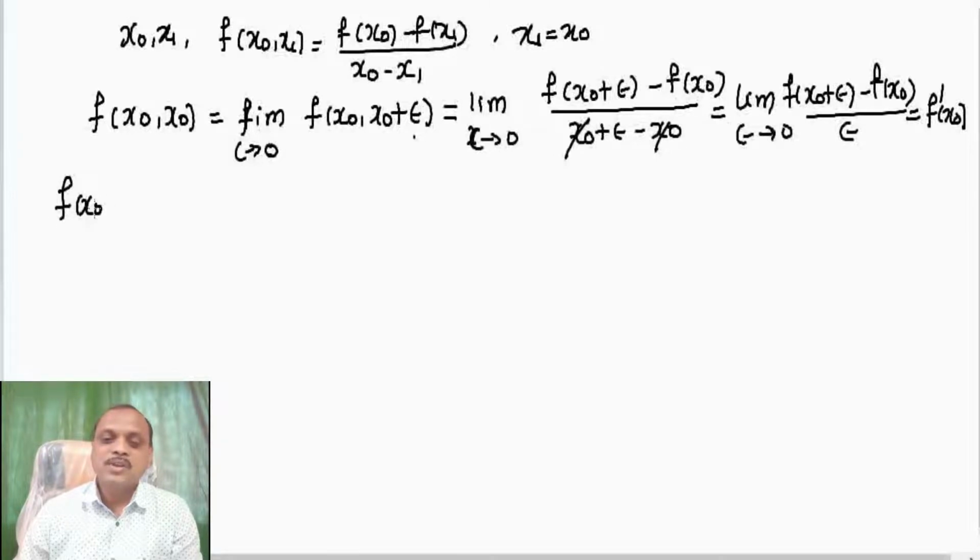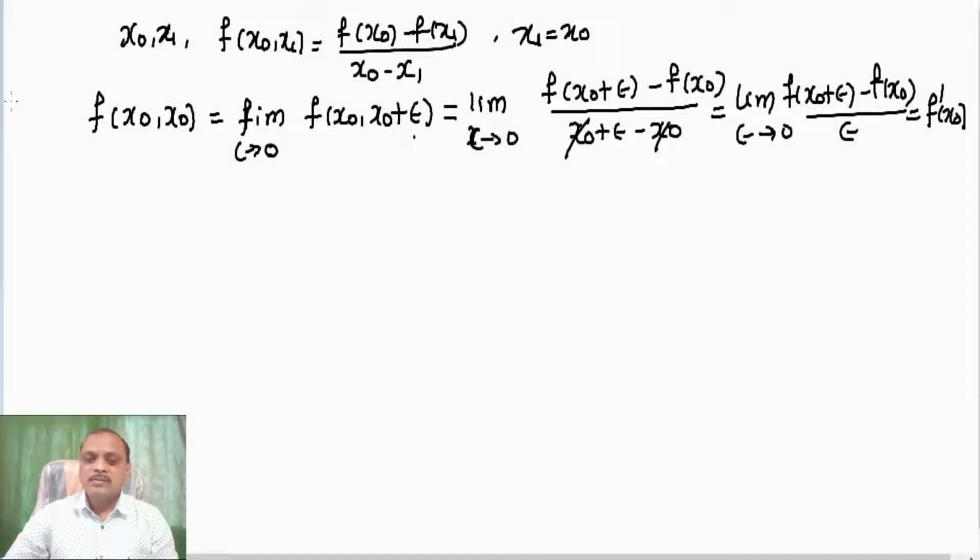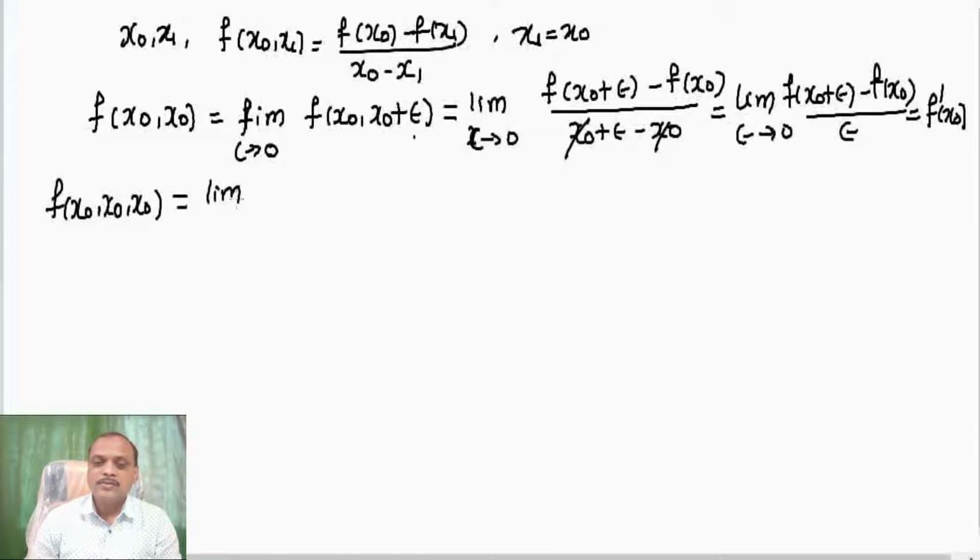Now suppose three values. Let us find the divided difference when three arguments are equal, f of x0 comma x0 comma x0. We distinguish these by writing epsilon and epsilon dash, and therefore write them as x0 plus epsilon and x0 plus epsilon dash.